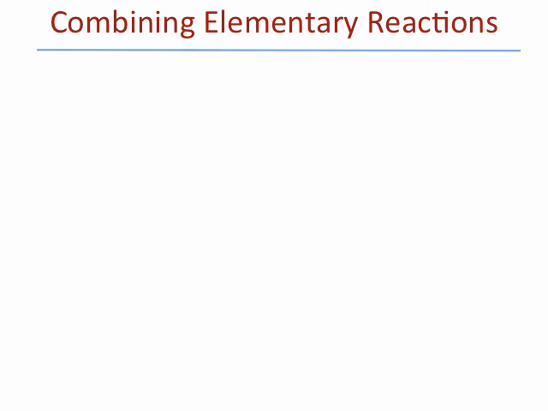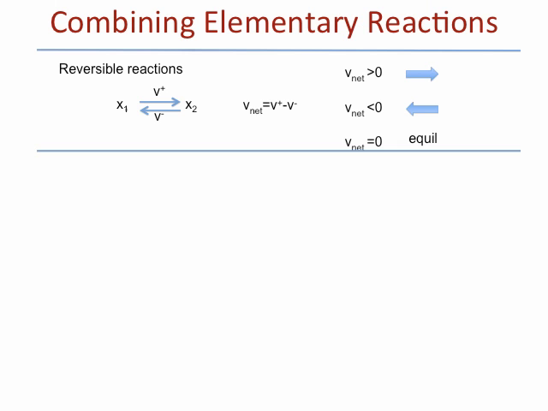The next thing I want to talk about is combining elementary reactions. This is very frequently done in performing kinetic analysis. First, I'll go through this very simple example shown here. This is the reversible reaction of X1 being converted to X2 by an elementary reaction denoted by V superscript plus, plus meaning the forward direction of the reaction.